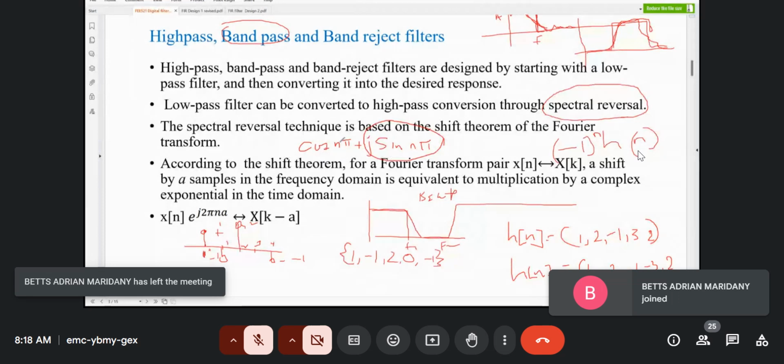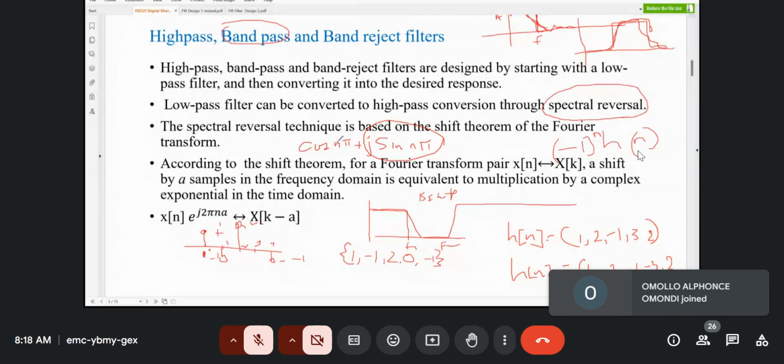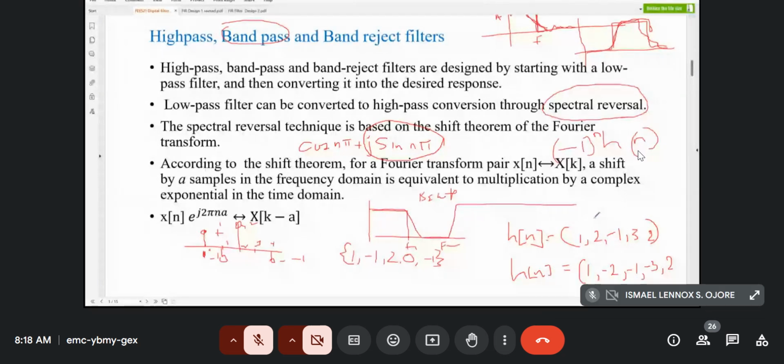When you change n, as n is increasing, it will be going from positive to negative. Yeah, as you increase n, cos pi, cos 2 pi.